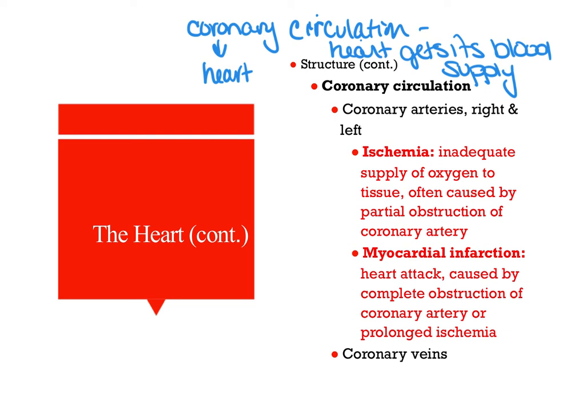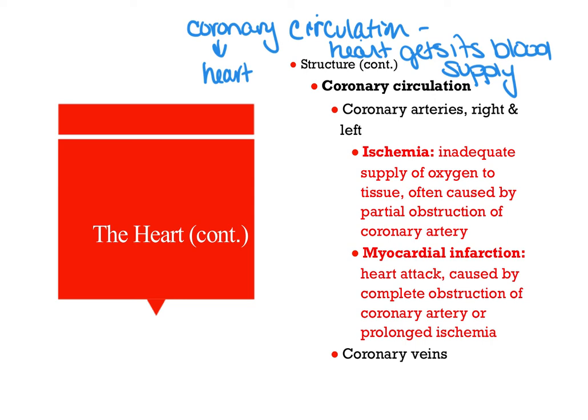It's so important because the heart has a really important job, so it's important to understand that it has its own system that functions to keep it going, maybe when other systems may not be working well, if that makes sense. Again, coronary circulation is how the heart gets its blood supply.